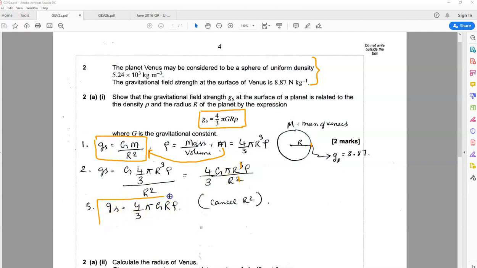So look at that. Now this problem is a bit of an algebraic type of problem. The important thing is to know that density equals mass by volume, and you should also know the formula of the gravitational field, GM by r squared. So these are problems where you can easily get 2 marks.